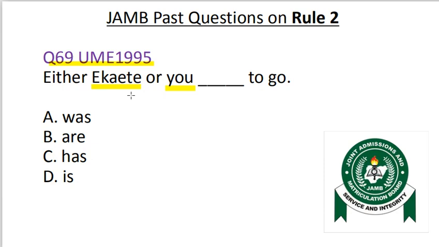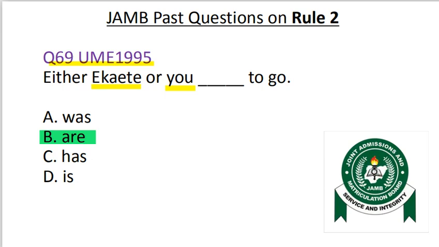Now looking at the four options, Ekaite is singular, but the pronoun you is always treated like plural. Since you is closer to the verb, our verb is going to be plural. Our verb has to agree with the pronoun you. Which of the options agrees with you? That is option B. Either Ekaite or you are to go.